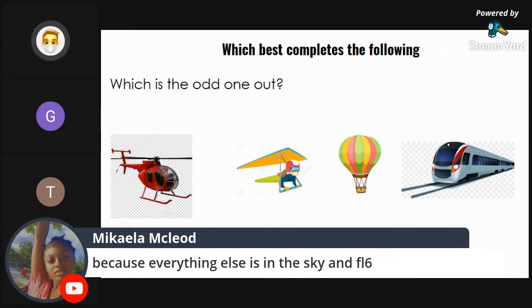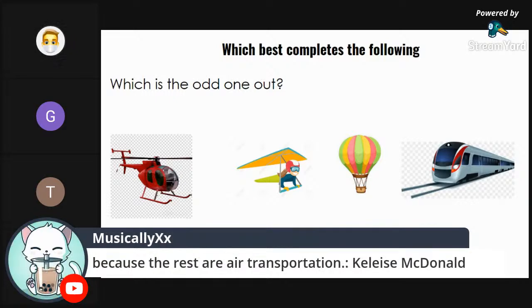So here, let's see. Because everything else is in the sky and flies. Okay. And someone here had a nice response as well: because the rest are air transportation, and that's from Kelis.